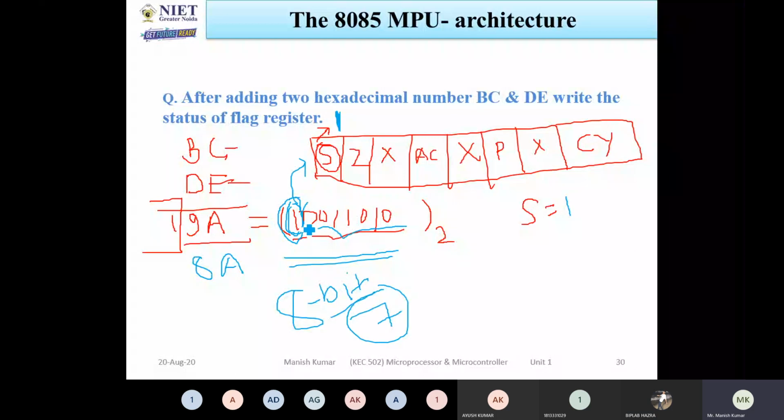Otherwise, you can remember blindly: if the MSB is 1, then put S equal to 1, otherwise S equal to 0.